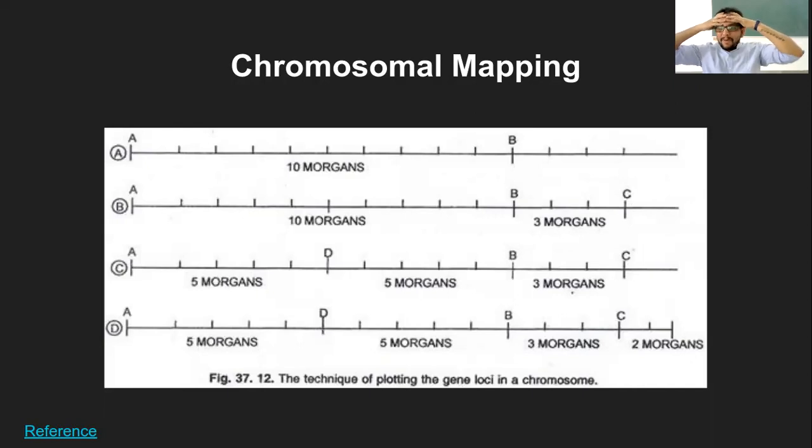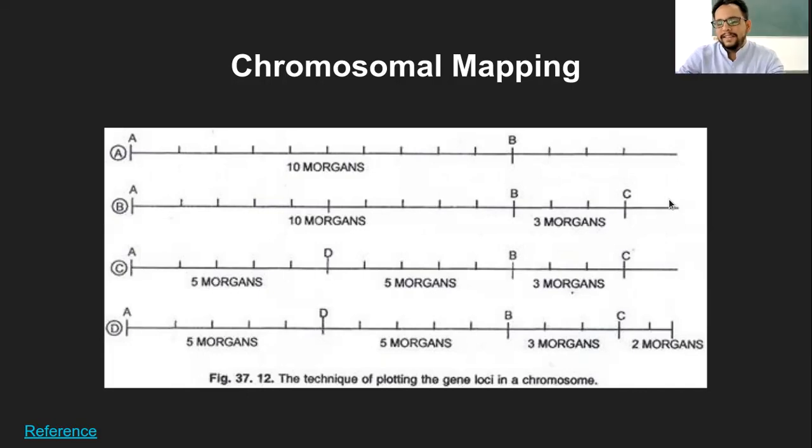So even if a small portion is getting recombined, and let's say there is one gene in the last portion which is getting exchanged with the other chromatid or chromosome, that is still a recombination. But let's say that's 1% recombination.